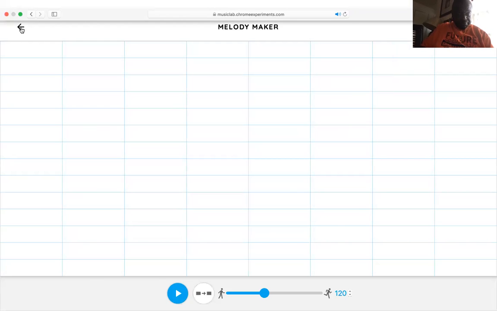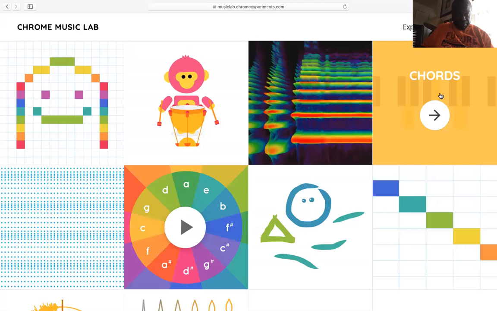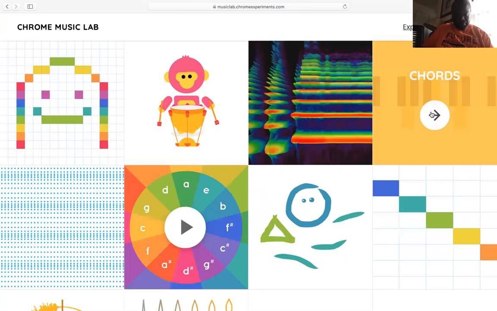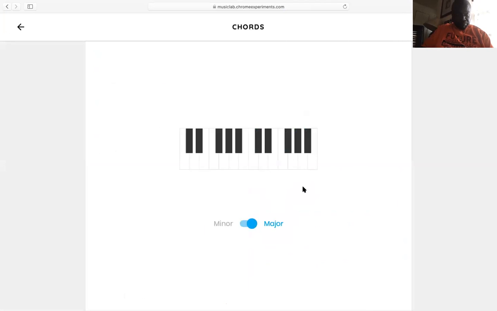Okay, they're going to just play the chord.